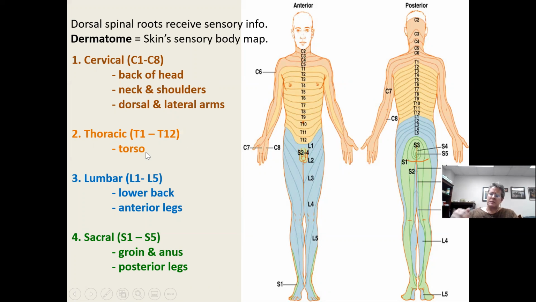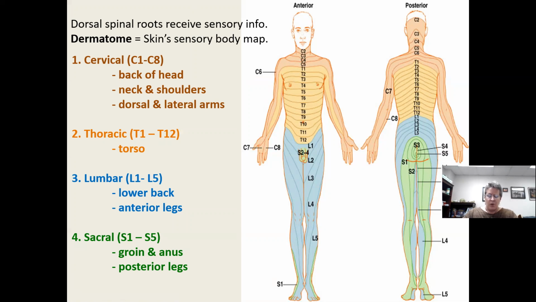Okay, moving to the thoracic spinal cord region. The dorsal part of the spinal cord is handling all that sensory information. So from T1 to T4, it is sensory perception of your anterior and your dorsal torso. All sensory perception for torso, front and back, is basically going to be perceived by that region of the spinal cord. Lumbar in blue, L1 through L5, is for your lower back or the lumbar region, and your front or anterior of your legs, sensory perception of those areas.